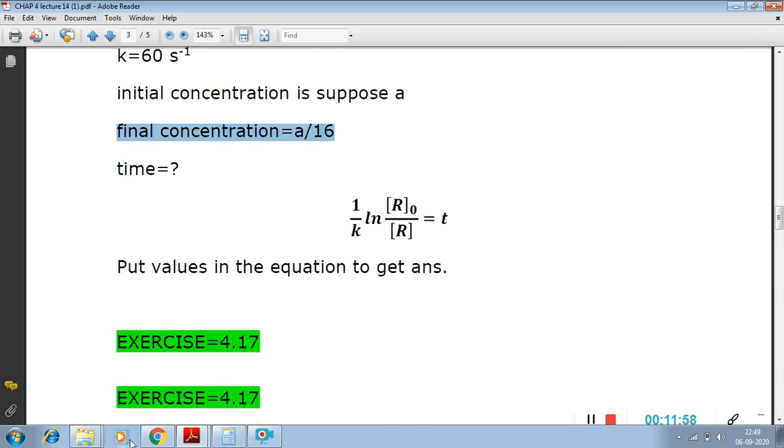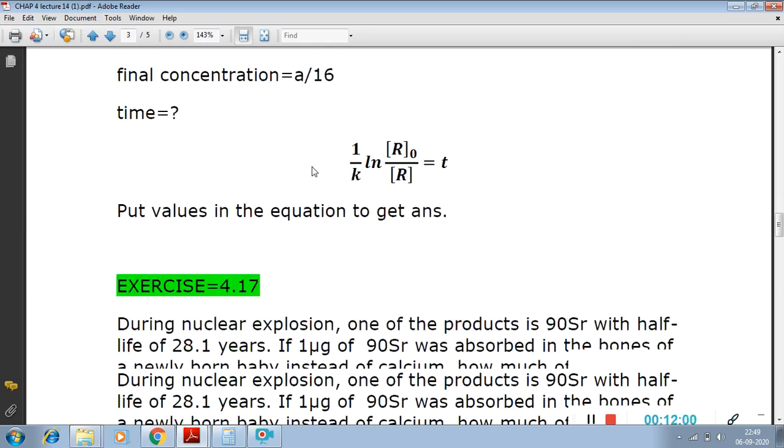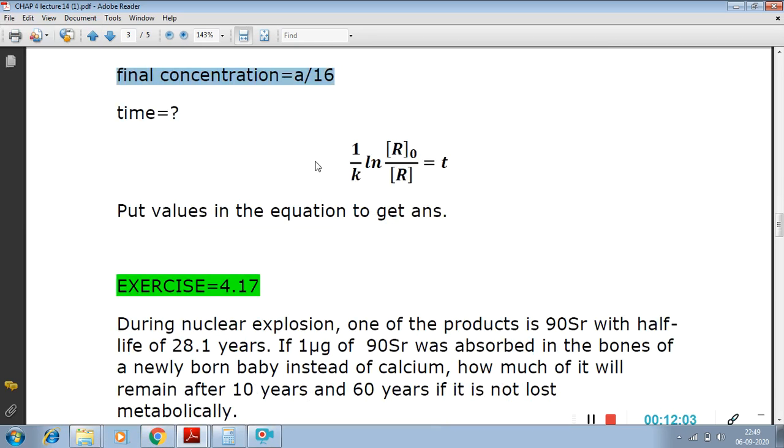The same equation we are going to use here, the differential equation for first order reaction, that is 1/k into ln r0 by r is equal to t. Here the K value is given as 60, ln r0 means initial concentration, that is small a, divided by final concentration, that is a by 16. Put those values in the equation, you will get the answer.